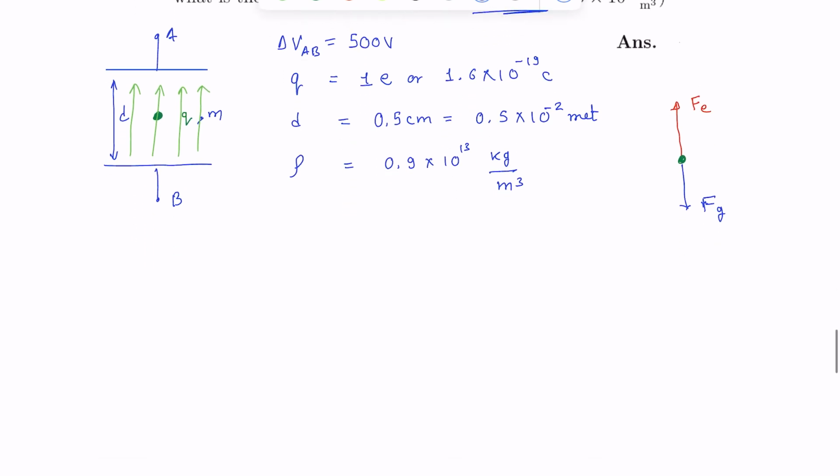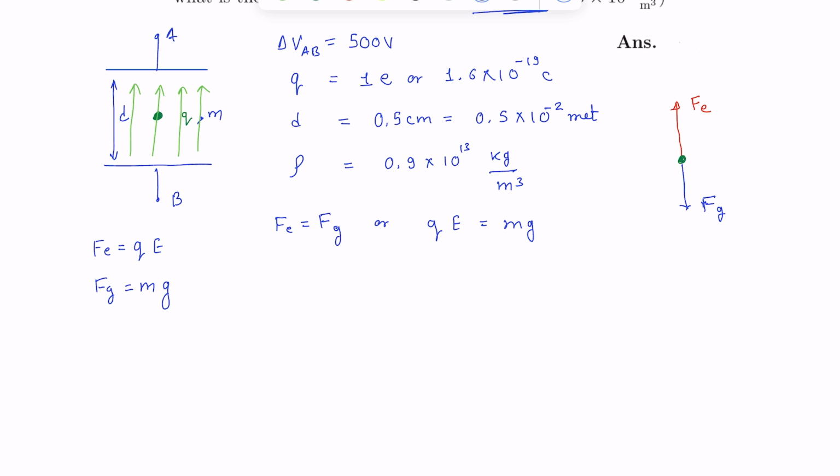And because this oil drop is in equilibrium, we have this going on. Because Fe is the same as charge times the electric field, I have charge times the electric field equals Fg, which is just mass times the gravitational constant. It's going to be mg.